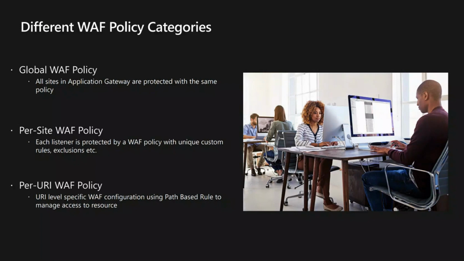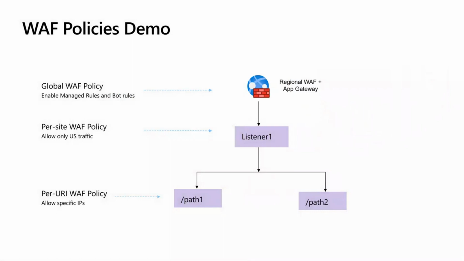The other difference with Application Gateway is that it will have multiple applications running in the backend. You are able to have policies at a global WAF level, per site, and per URI. And this is what I mean by that. An Application Gateway has listeners. A listener is IP plus port for that application.